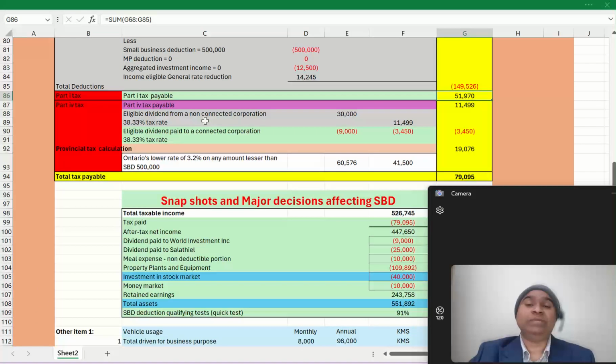The eligible dividend from the non-connected corporation was the same, which you received. Remember, we received $30,000 in eligible dividend, and that triggered $11,500 in tax payable. I'm going to adjust this over here, okay?